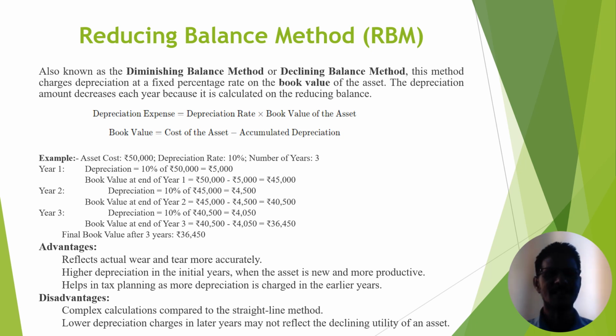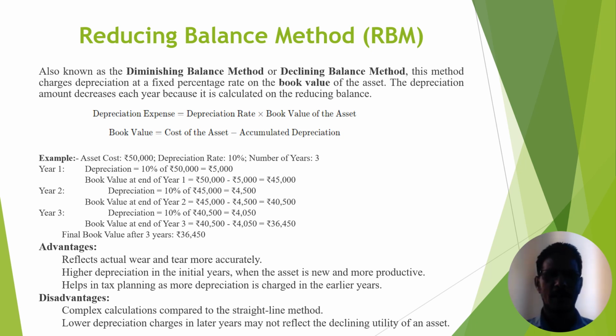The amount is 5,000. After the end of the first year, the asset's book value is 50,000 minus the depreciation amount, which means 45,000 is our book value.